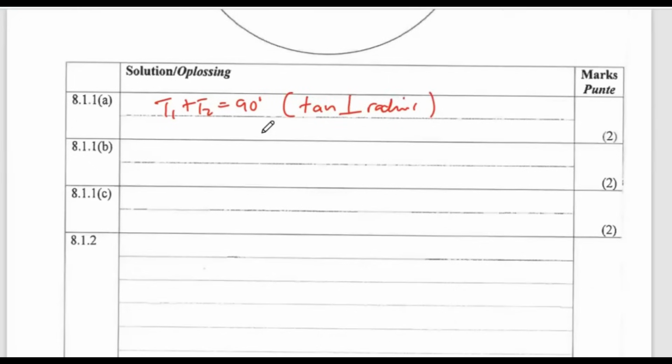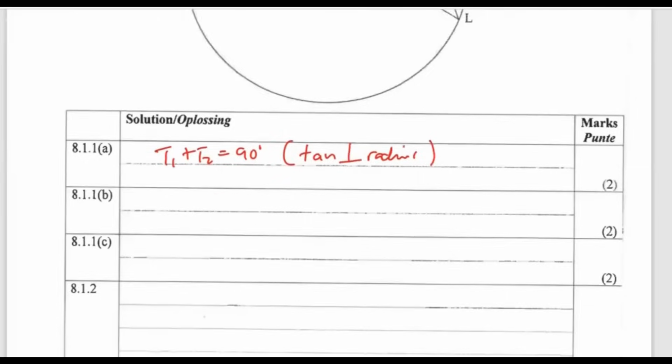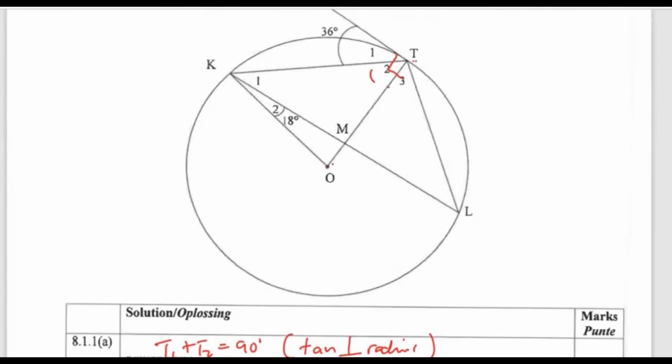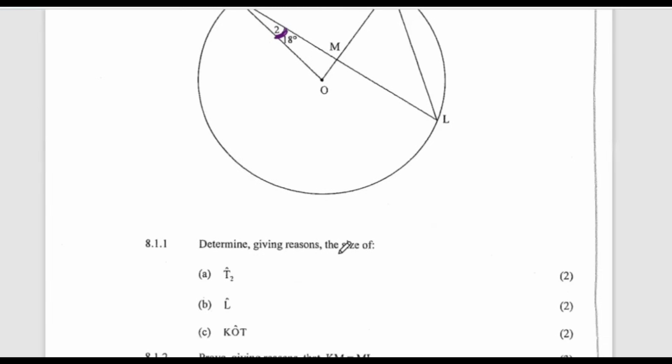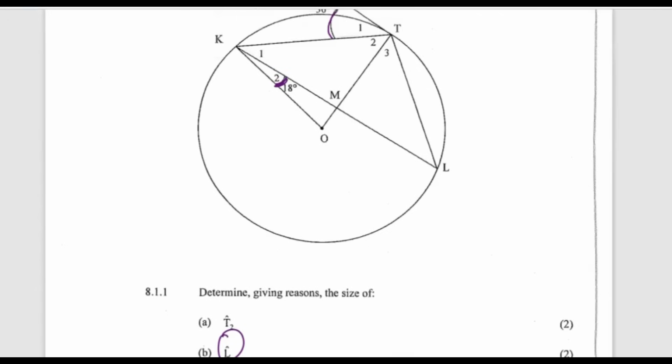Then if I have T1 as a 36, then I can find T2. So 36 plus T2 is 90, and then I'll transpose that. So which means T2 becomes 54 degrees. Then they want us to get L. This is L here.